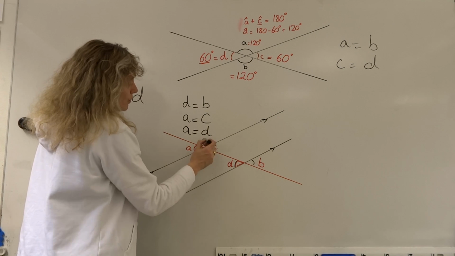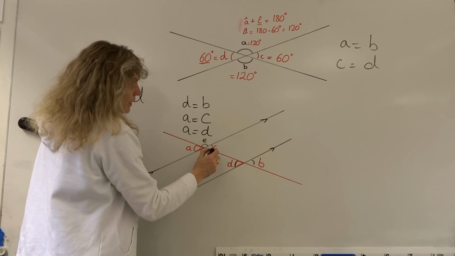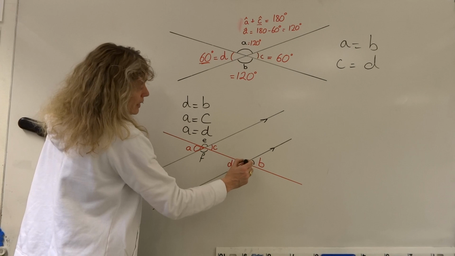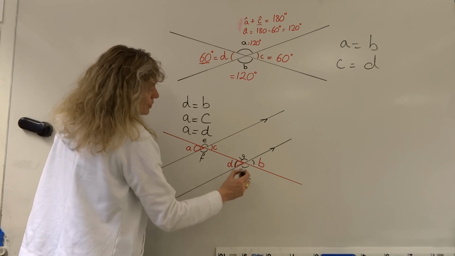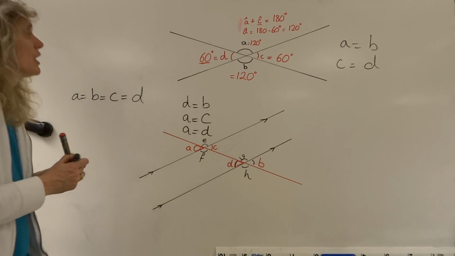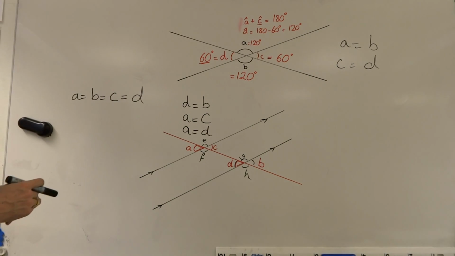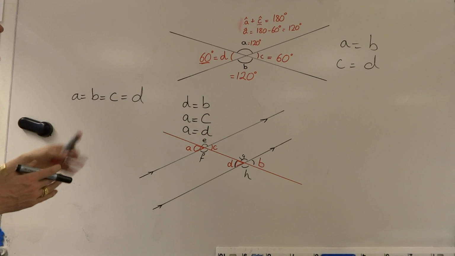That if we were to call this one angle E, it would be equal to angle F, which would be equal to angle G, which would be equal to angle H. So these are some very interesting geometrical facts about angles that intersect one another.